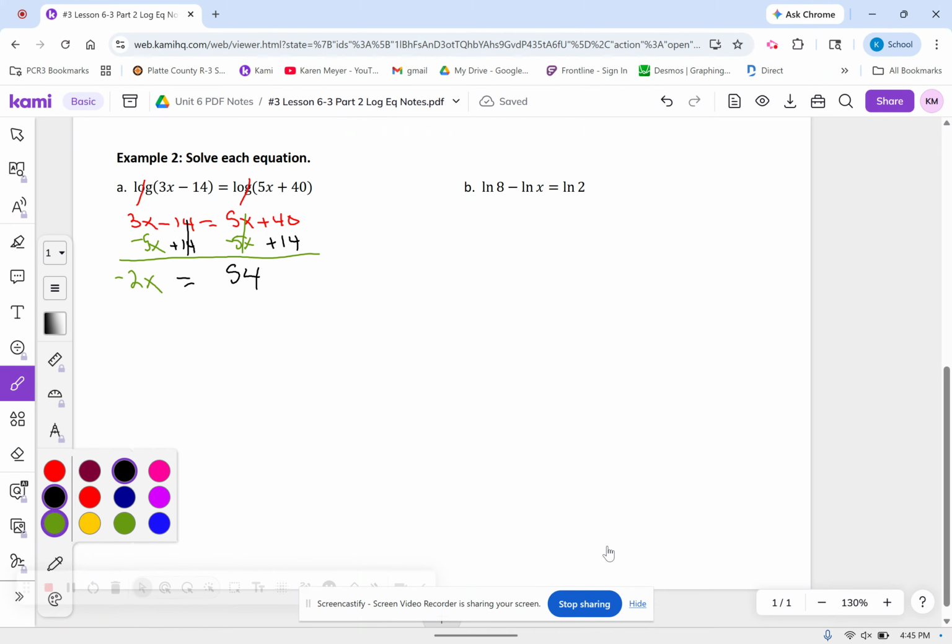And then if I divide this, I will get x equals negative 27. Oh no, I got a negative answer and my problem originally had a log in the starting. So if your problem originally starts with log in the problem and you got a negative answer, you must check it. Okay, so I'm going to go back to my calculator here.